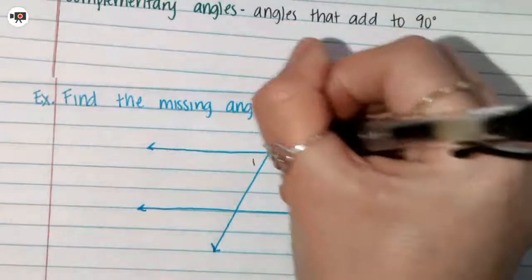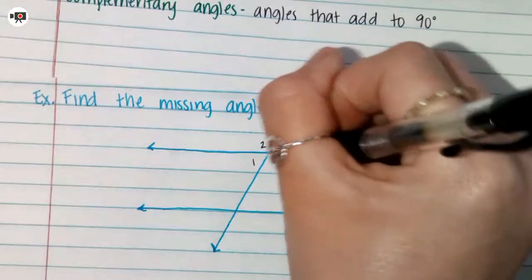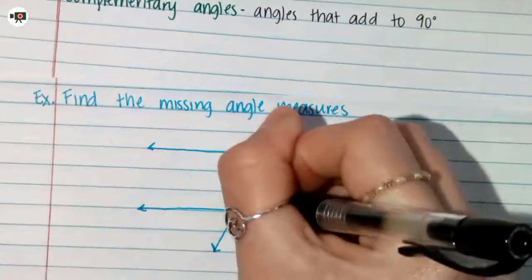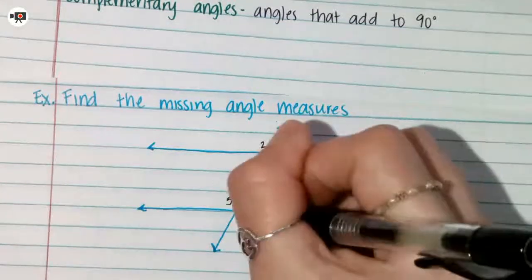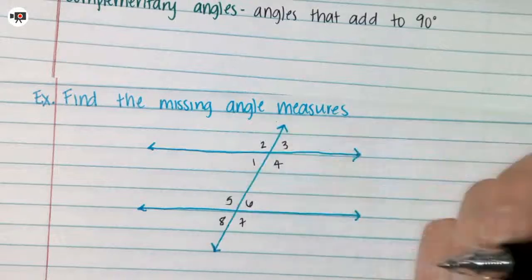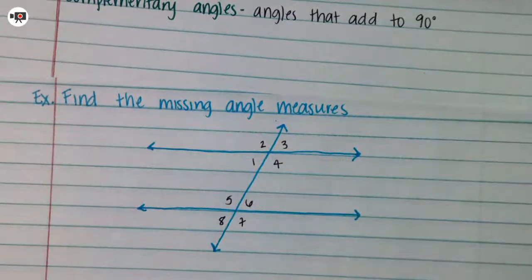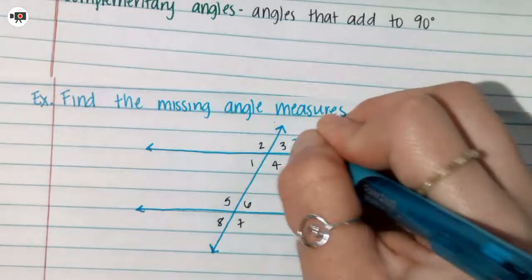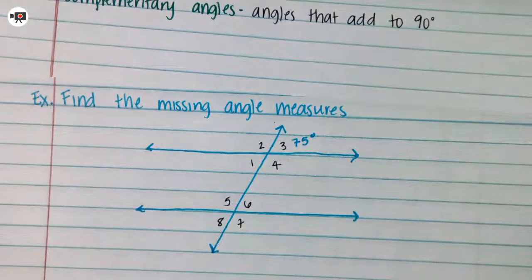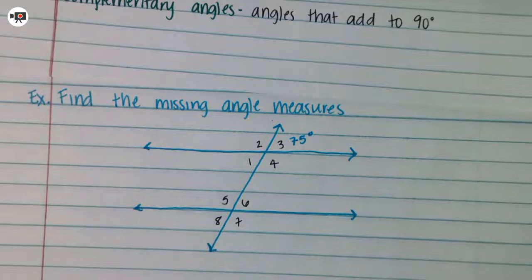So we have angles 1, 2, 3, 4, 5, 6, 7, 8. And let's say all we know is that angle 3 is 75 degrees. Can I find the rest of these?